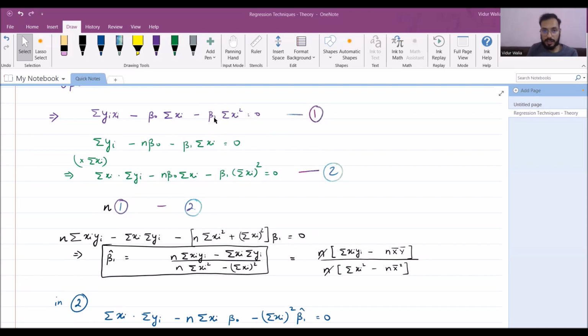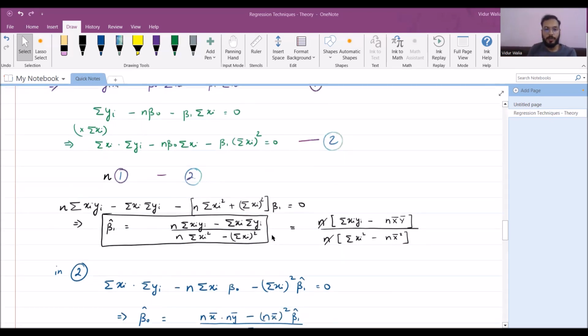This gets cancelled out because when I multiply this with n, both of them, and there's a subtraction sign here, both of them get cancelled out, and I get n plus n summation xi square plus this beta 1 is common for both, summation xi whole square. Now the difference here is, first I am doing the square, then summing up, and here it was sum of xi times sum of xi, so it becomes sum of xi whole square. So do not confuse them to be the same, they are different values, right?